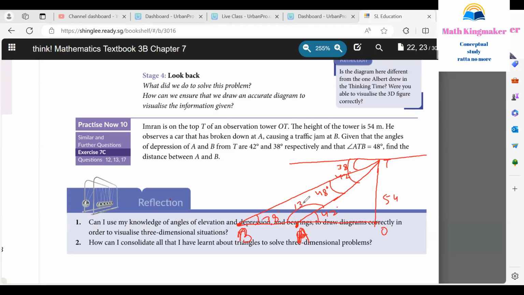So all three angles of the triangle are given to you. So you can easily calculate AB by using which rule? The cosine rule. By using the cosine rule, you can calculate AB.